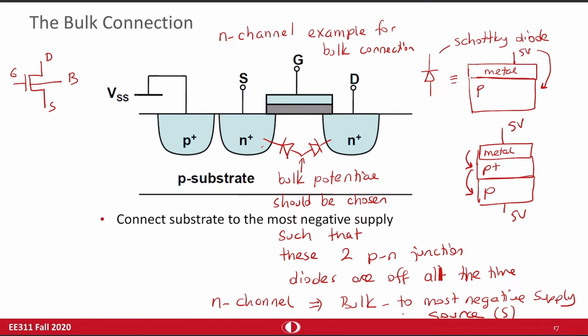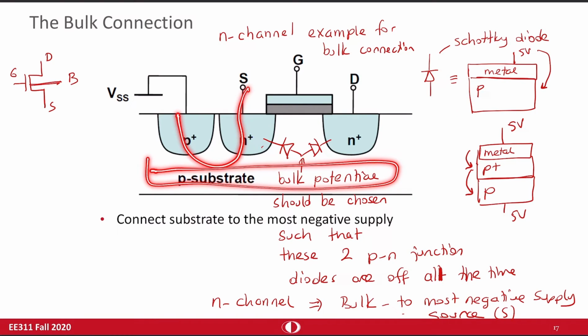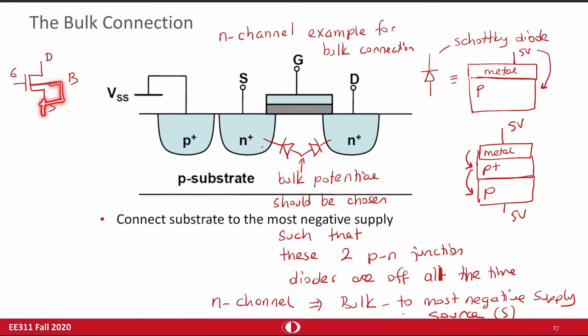And this bulk connection is used to ensure the substrate is properly biased such that there is no leakage from source to bulk or drain to bulk. For that purpose, you are going to either connect this node to the most negative supply, VSS, or you can connect it to the source, because source is at lower potential than drain or gate. So it's going to work properly.